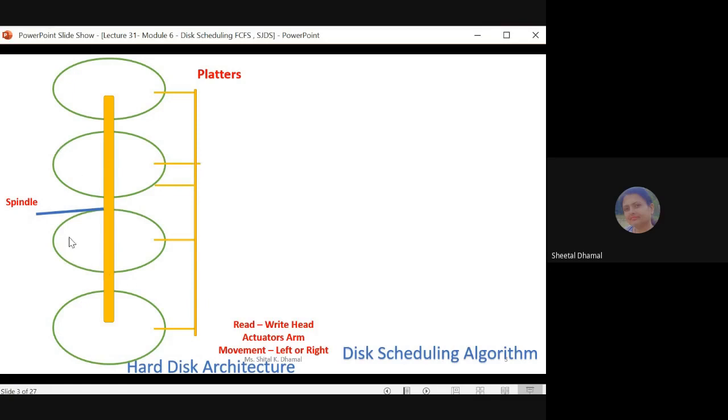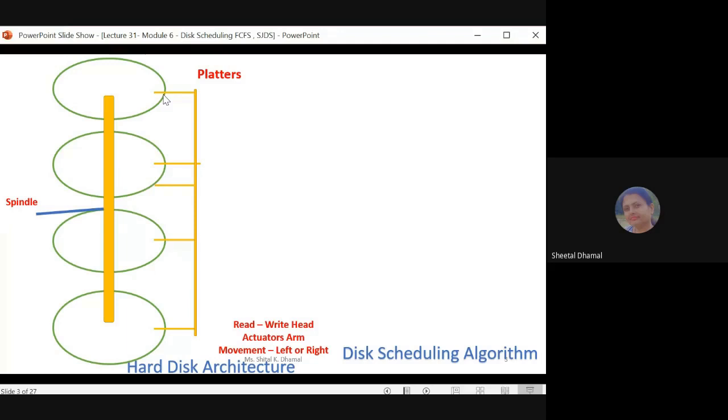Now look, here the spindle moves in the clockwise direction and in the anti-clockwise direction, but the read write heads are moving because of the actuator arm, in the left direction or in the right direction.